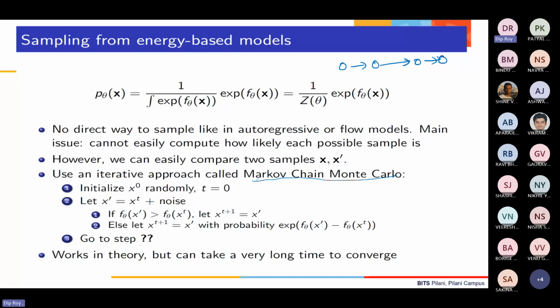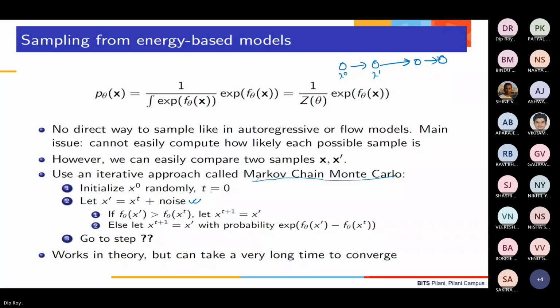Let's say this is x0. When I come to x1, how do I go to x1? I go to x1 by adding some noise, and this can be Gaussian noise as well.